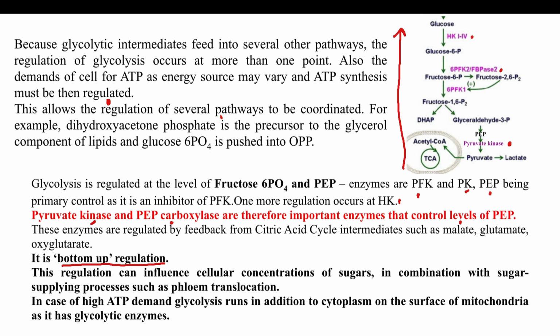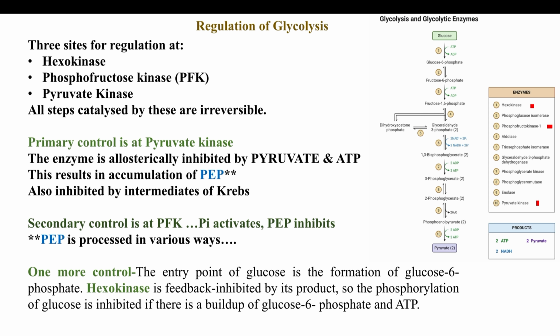Let us see what inhibits them. Very clear, 3 sites of regulation: hexokinase, phosphofructokinase, pyruvate kinase. If we go bottom up, pyruvate kinase is the primary step of regulation. Then comes PFK, and finally hexokinase.